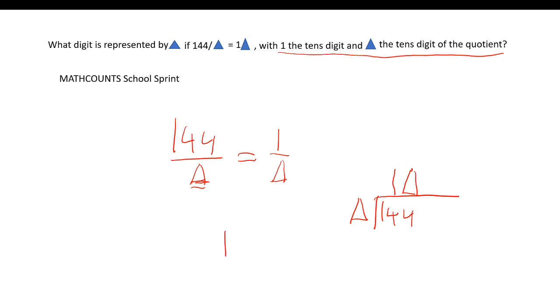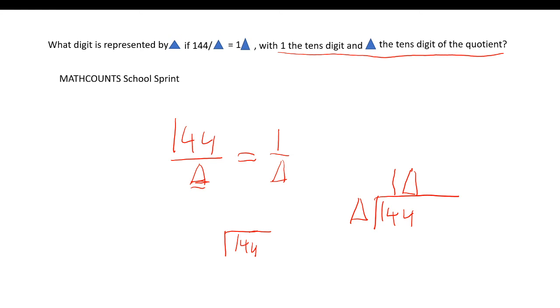So I'm going to start off by placing values of the triangle and dividing into 144. Now, we know that 6 times 2 is 12. That won't go into 14. 5 times 2 is already 10. We already know anything less than 5 won't go in. 6 won't go in. 7 times 2 is 14.